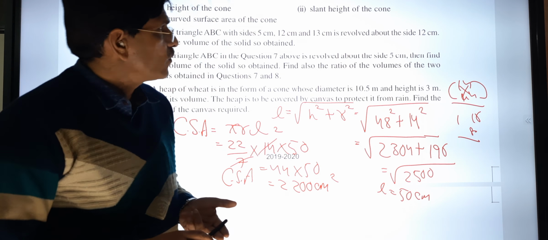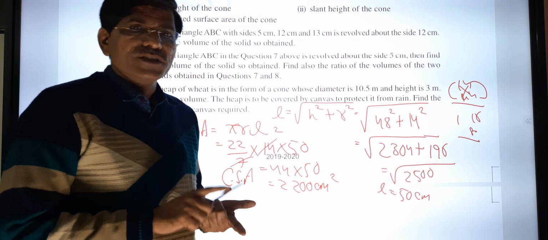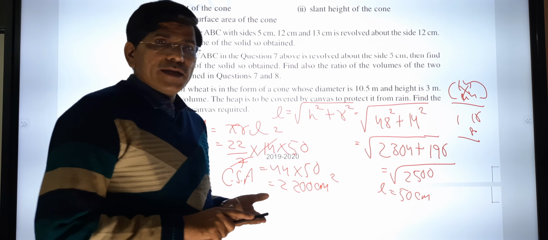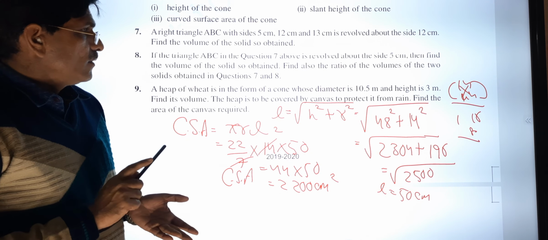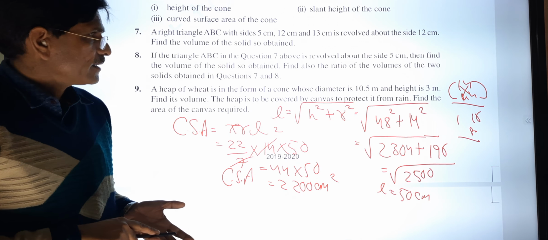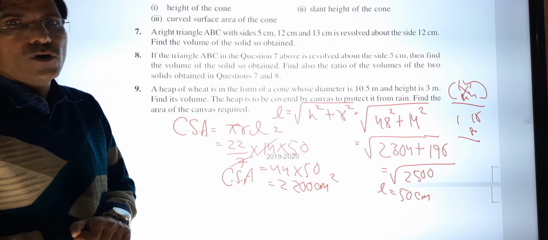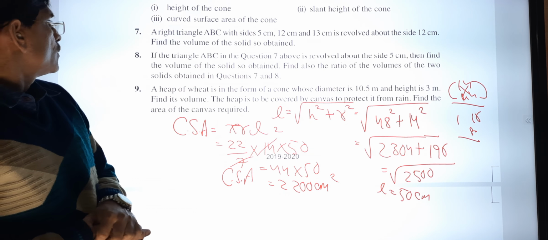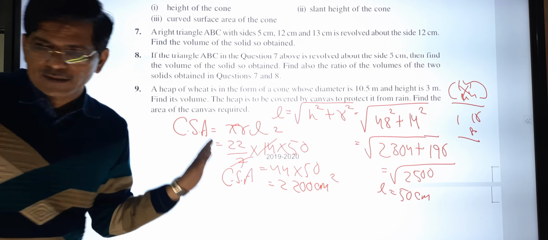So three things we have found out. Volume of cone is given, radius is given, we can find out the height, we can find out the slant height, we can find out the curved surface area of cone. So I hope that you understand it. Write it now.